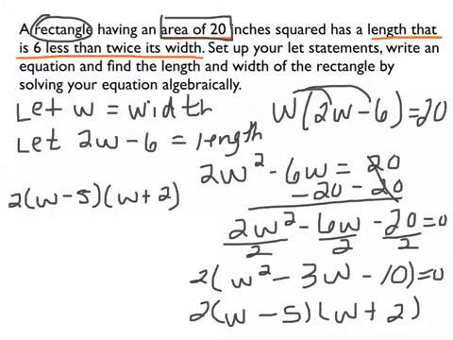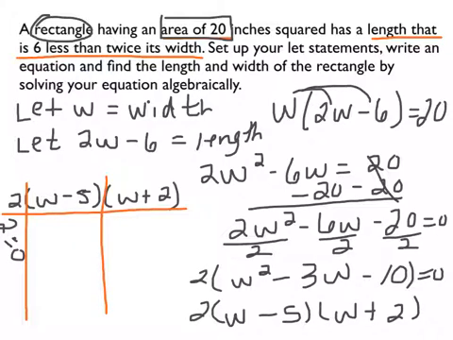Now I'm able to go ahead and tee it up. On the left-hand side here, I have 2 equals 0. That is what I can go ahead and reject. 2 cannot equal 0.